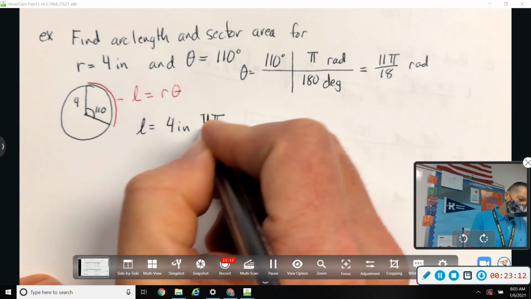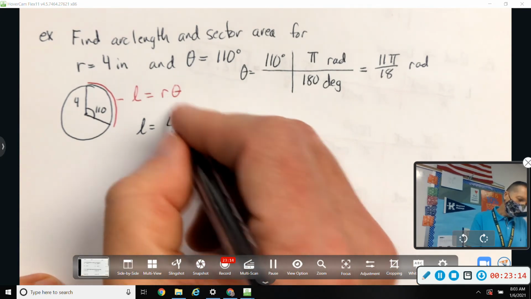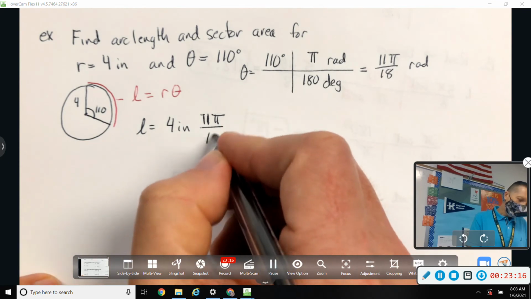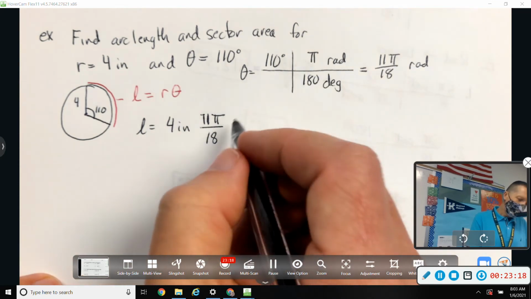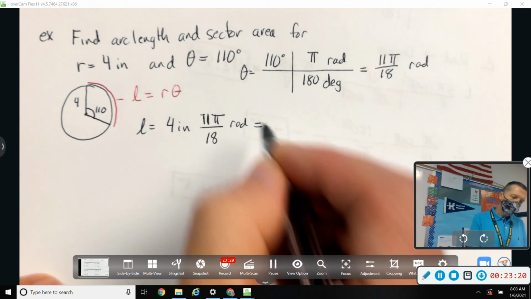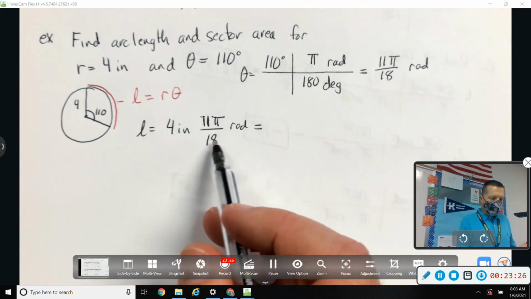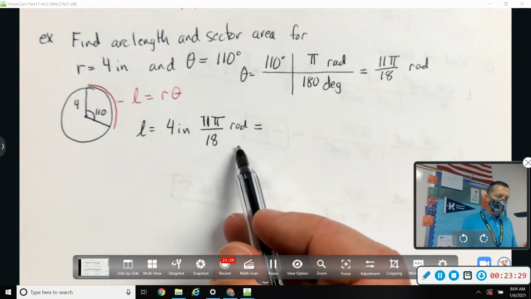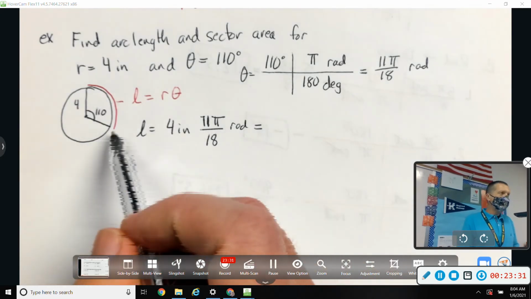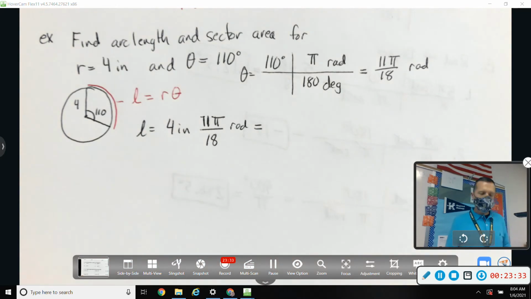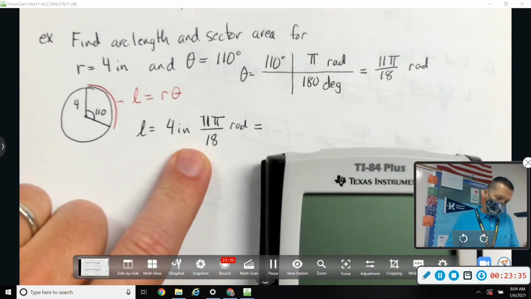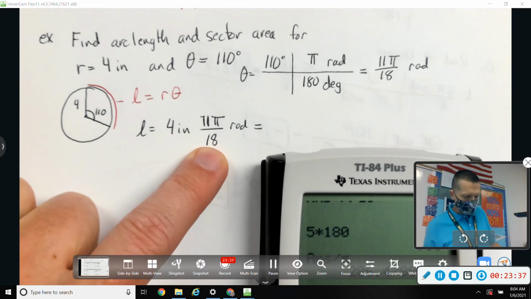So my arc length is 4 inches times 11 pi over 18 radians. So I could leave that as 44 pi over 18 and reduce it, but I want to know how long the piece is. So I want to just go to the calculator and get a decimal for that, because 44 pi over 18, that doesn't tell me a whole lot.